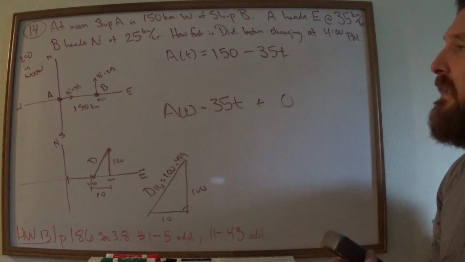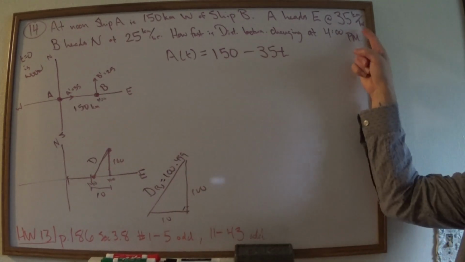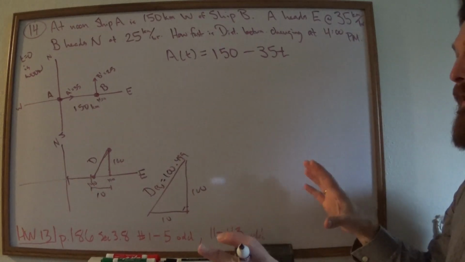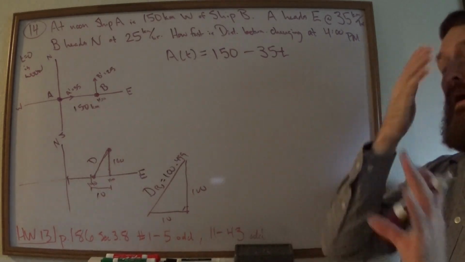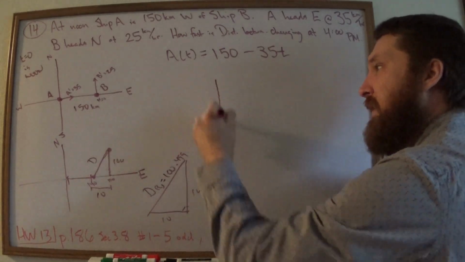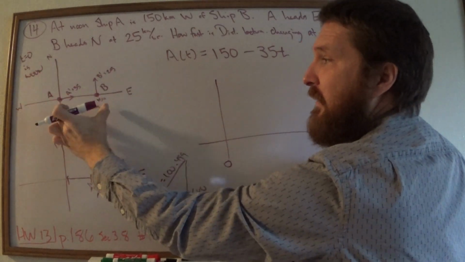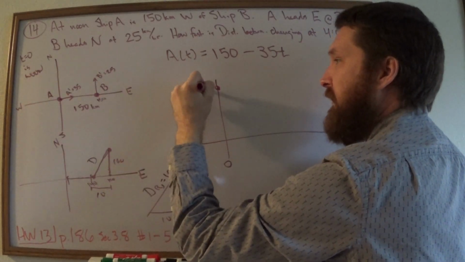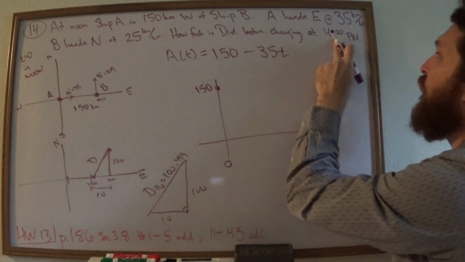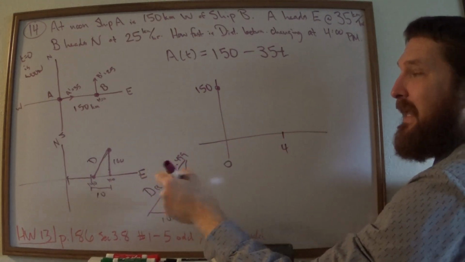If you're completely lost, what you could do is say, they've given me a constant rate, so A itself must be a line. And you could say, well, I know that at time 0, it's 150. And at time 4, when I plug in a 4, I should get out a 10.